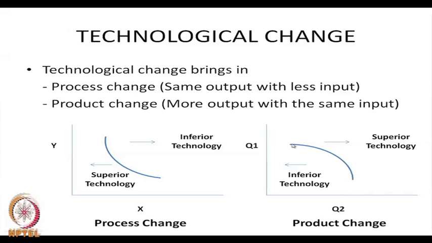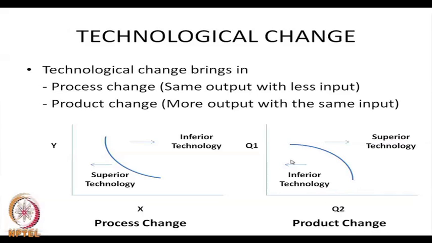In the product transformation curve, for the same input, we are able to produce different types of product mix, meaning different values of Q1 and Q2 are produced for the same input.